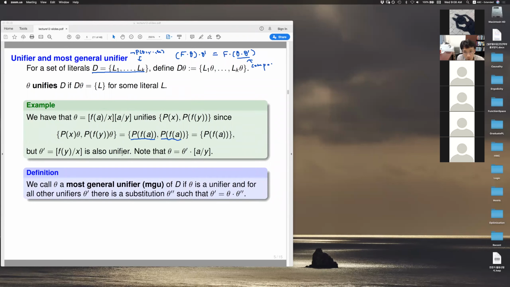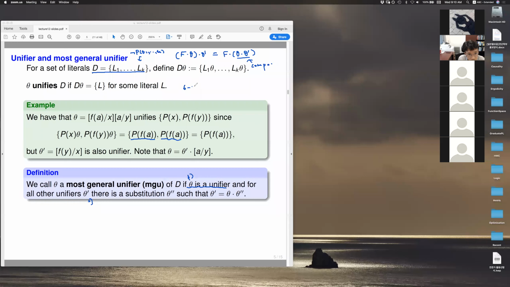Whenever we have another unifier theta prime, theta prime should be reconstructible from theta by composing some other substitution theta double prime. So theta prime should be obtainable from theta by composing another substitution theta double prime. I don't know whether this helps you or not, but the substitution can be understood as a mapping from term to term.